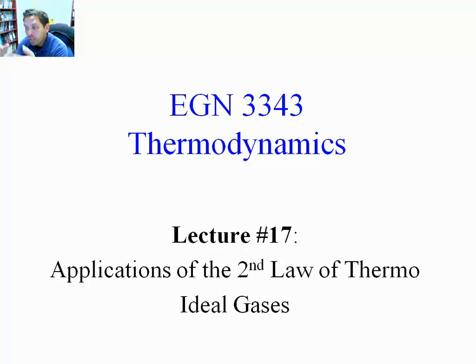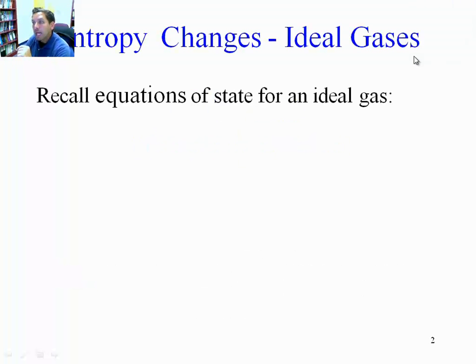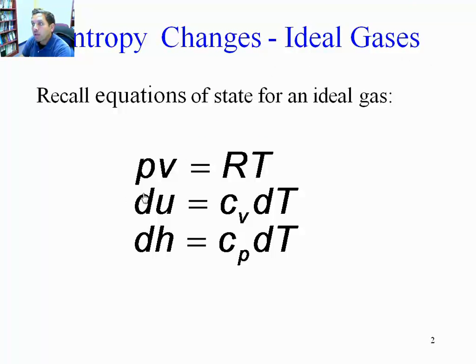a state equation. Their fundamental properties, pressure, volume, and temperature, are related very nicely algebraically through a state equation. Recall that for ideal gases, the state equation is maintained: pressure times specific volume is equal to the gas constant R times the temperature.